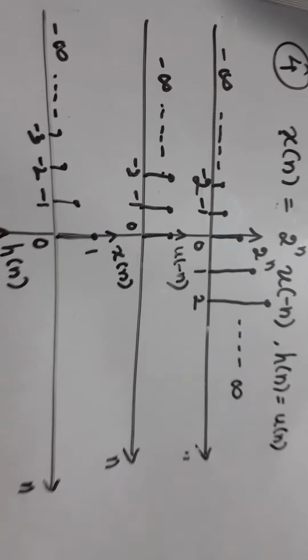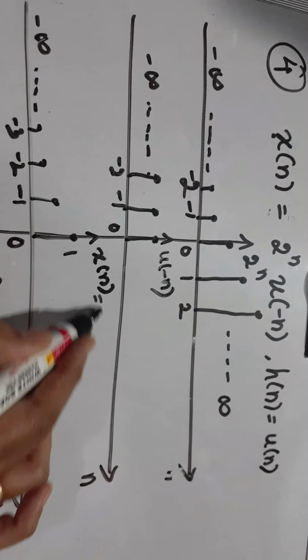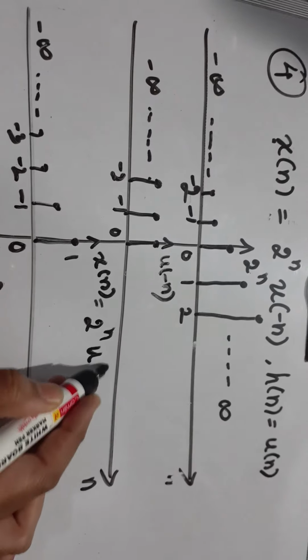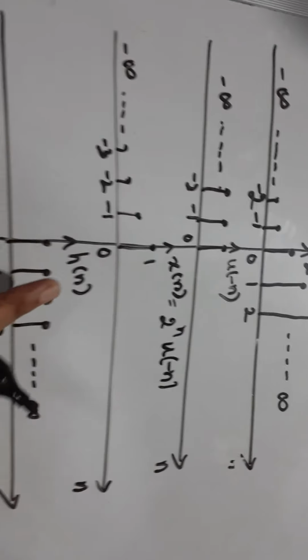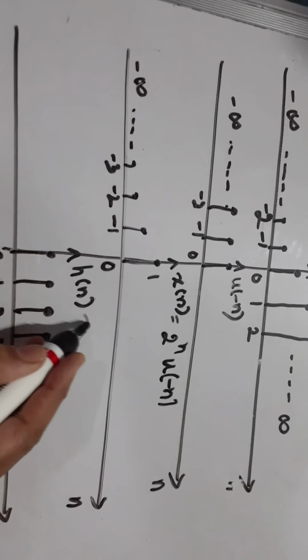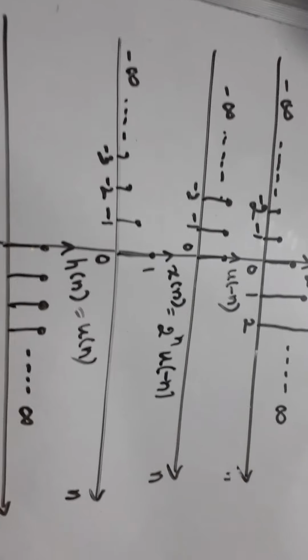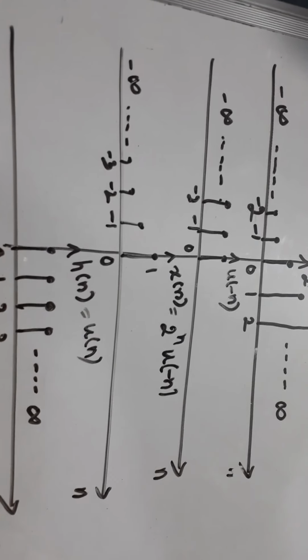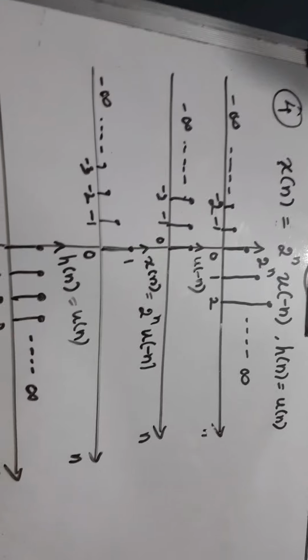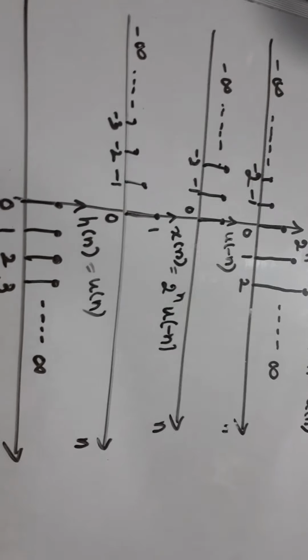Okay, this is your x of n, and x of n is 2 raised to n u of minus n, and h of n is simply u of n. So we have drawn both x and h.